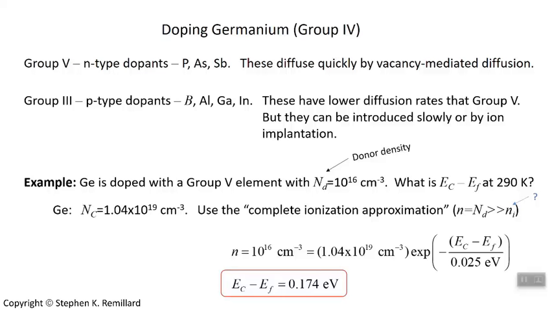So what does that mean? The band gap for germanium is 0.67 electron volts, which is a lot bigger than that. And so if I sketched the band diagram now for this doped germanium, it would look like this, where the Fermi energy is shifted until it is 0.174 electron volts below the conduction band edge.